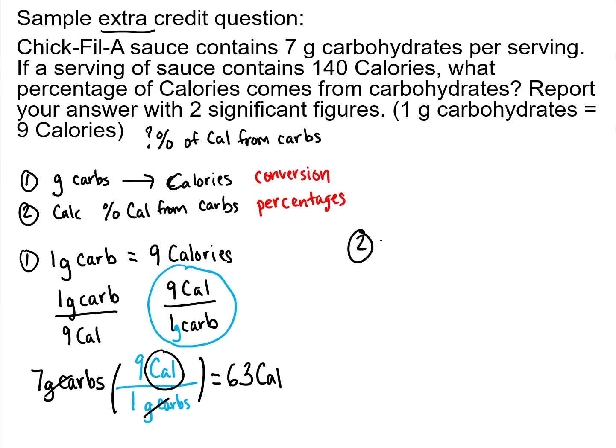For the second part, it's just calculating a percentage. We know that a percentage is a part over a whole times 100%. The part is what we just calculated. That's the number of calories from the carbohydrates.